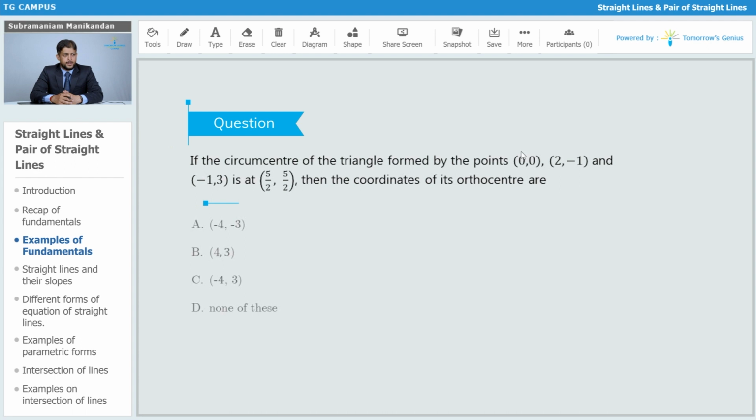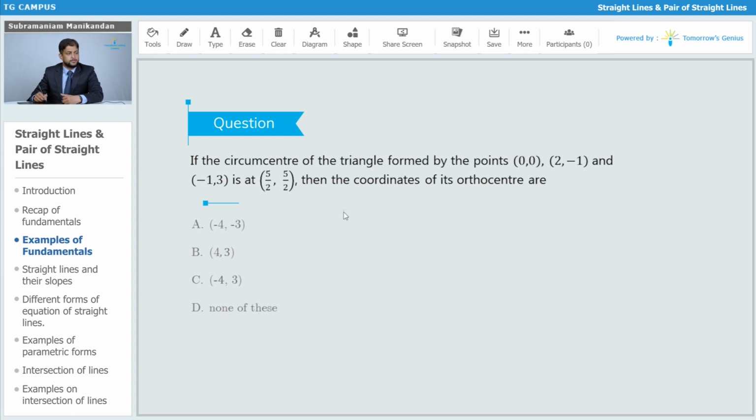So therefore, in this question, we have been given only the circumcenter, and we are supposed to find the coordinates of the orthocenter. But then, in order to use that theorem, where the circumcenter, centroid and orthocenter divide each other in a certain ratio, we need the coordinates of at least 2 points in order to use the section formula.